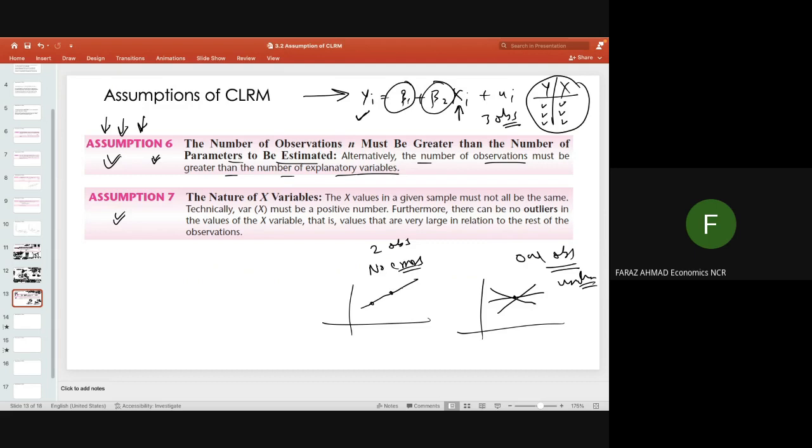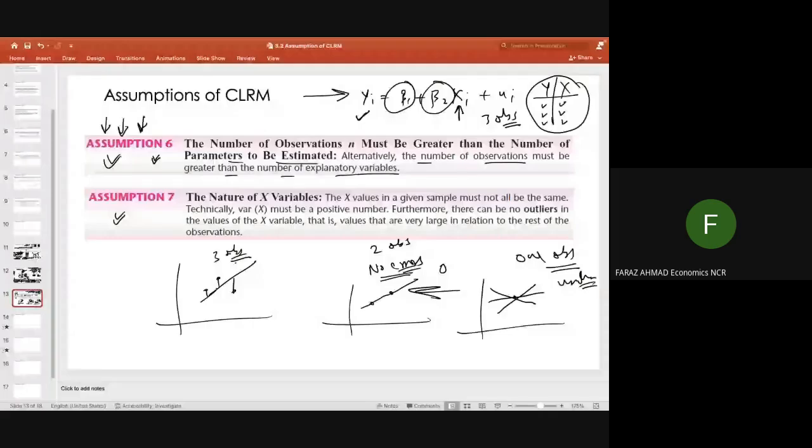So one observation will not do anything. It's useless. 2 observations are also useless because your line would pass through both the points, so errors would be 0. There is no point running a regression like this. If you have 3 points, then you would have a line and there would be errors also, right? So at least 3 observations is what you require, put in the form of a rule.